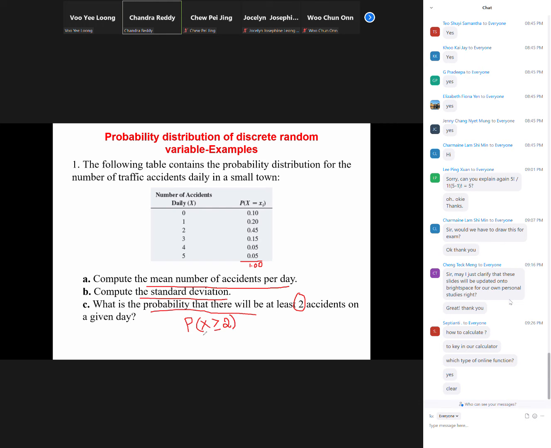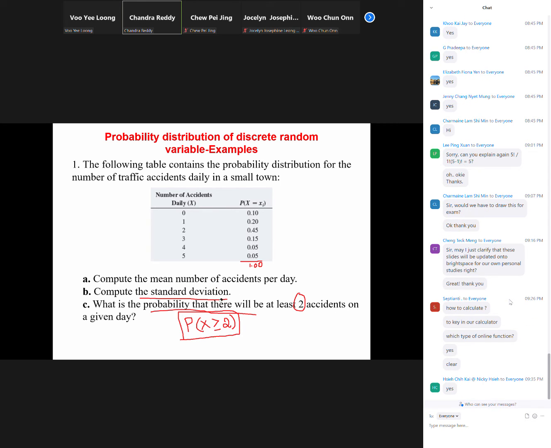So we need to calculate the probability of X greater than or equal to 2. All right, is the problem clear to you? We are dealing with a discrete probability distribution. So part C, mathematically, we can write it as probability of X greater than or equal to 2.